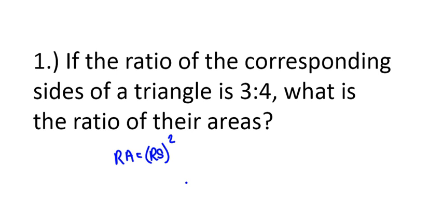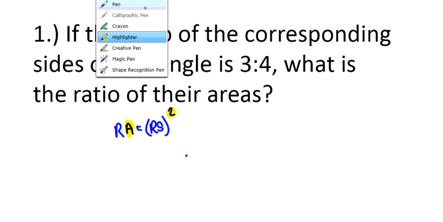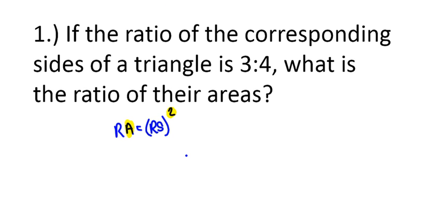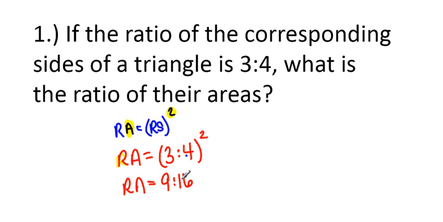And I think to myself, area is measured in square units, and that's how I can remember that formula. Well, the ratio of the areas then, simply put, is going to be equal to the ratio of the sides, 3 to 4, squared. So therefore, the ratio of our areas is going to be 9 to 16.